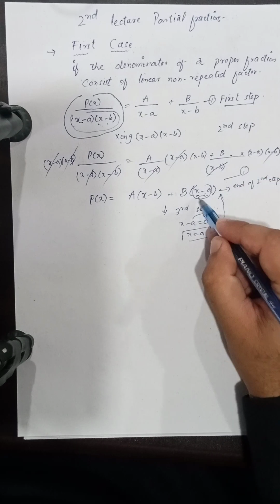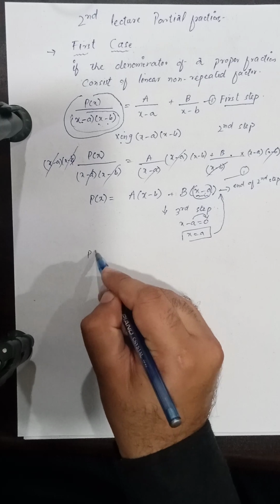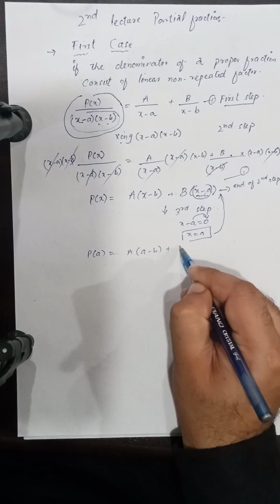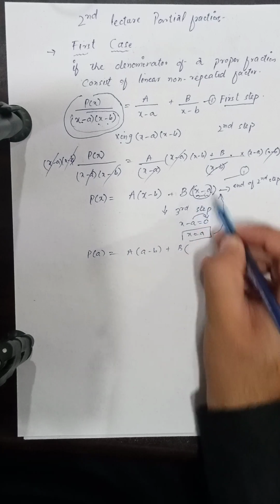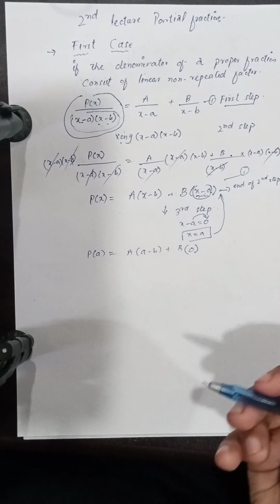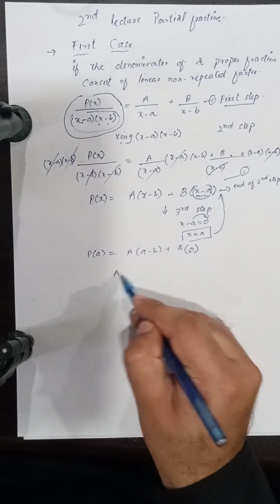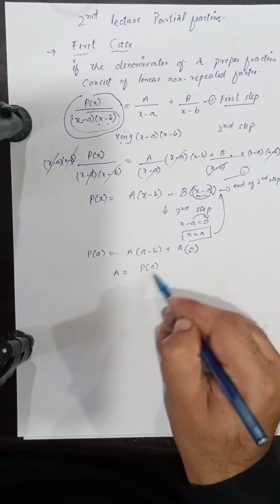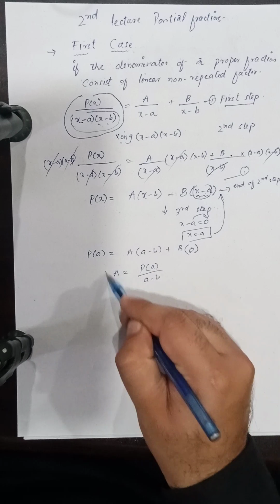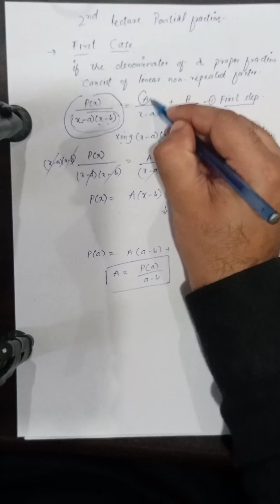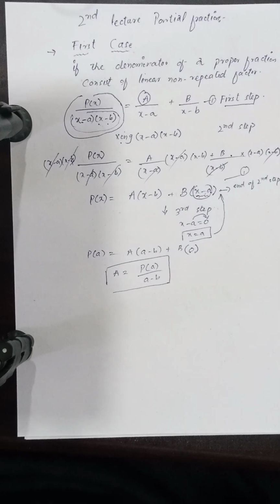So P of a is equal to A into a minus b, plus B into a minus a, which is 0. A minus a is 0, so B with 0 is 0. So A is equal to P of a divided by a minus b. This will be the value of A, and we will put it in place of A.